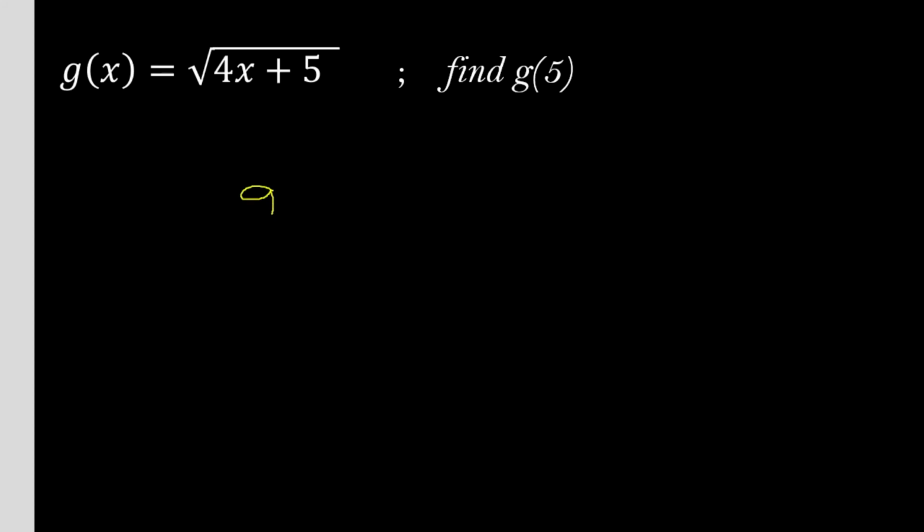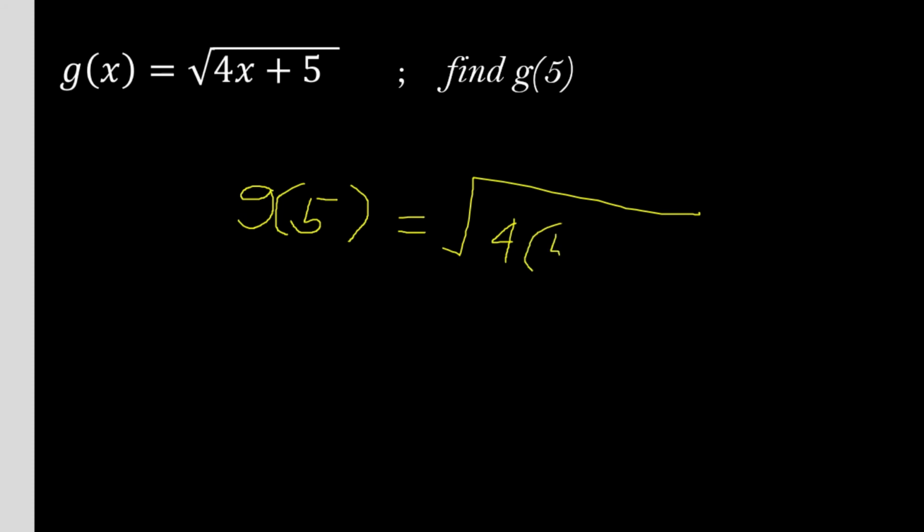So g of 5, which is the value of x, is equal to the square root of 4 times the value of x, which is 5, plus 5.